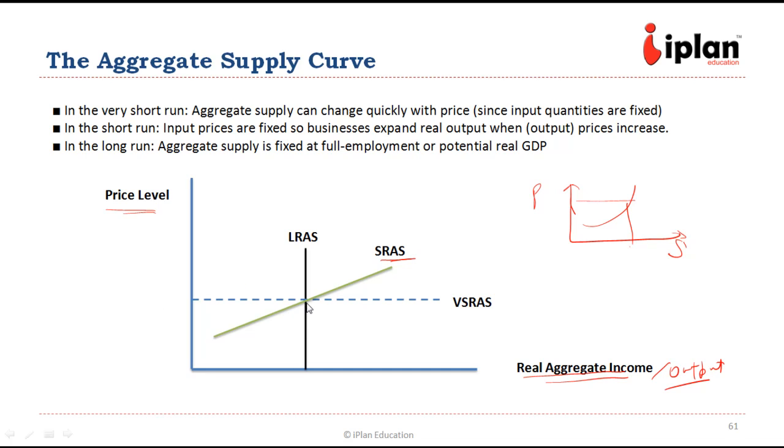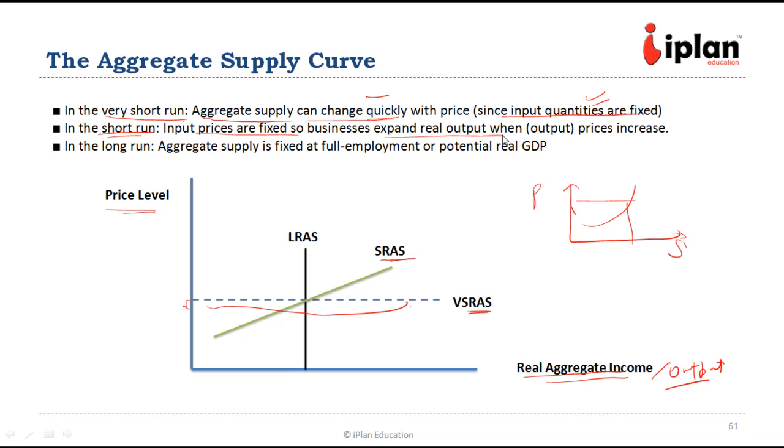But if you look at the very short run, it will be very elastic. For a small change in the price level, there will be a large change in the quantity supplied. For the very short run supply curve, the aggregate supply can change very quickly with the price, since the input quantities are fixed. They are not changing very fast in the short term. In the short term, the input prices are fixed, so businesses can expand the real output when the price increases.